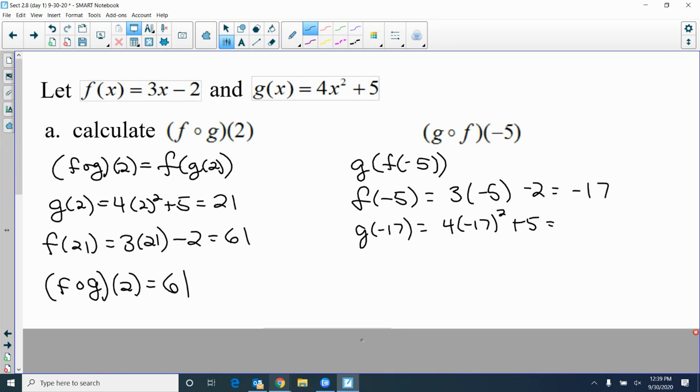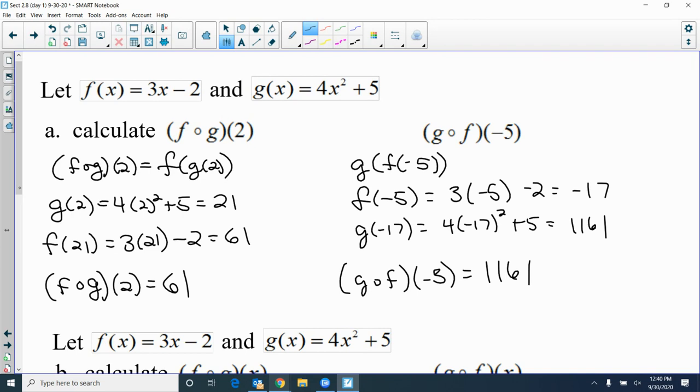That's a big number. 289 times 4 and then plus 5 though is 1161. So g of f of -5 equals 1161. Okay? For that answer. Now that's just that top part.